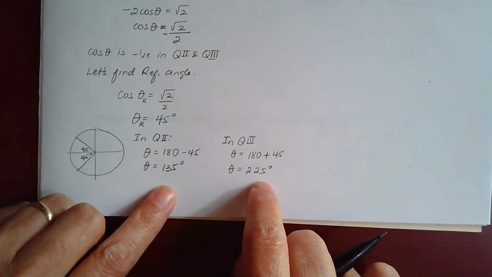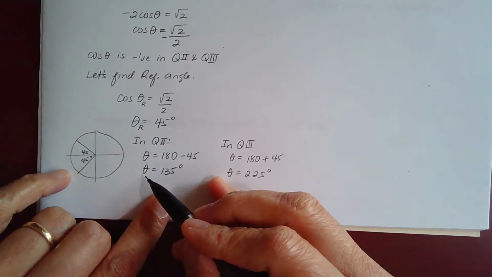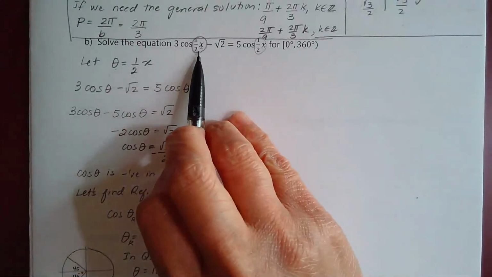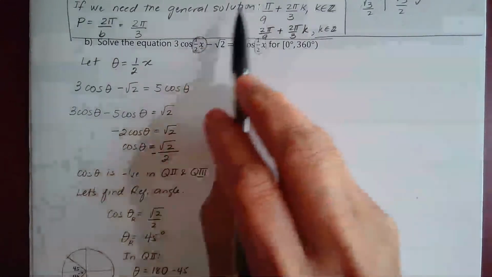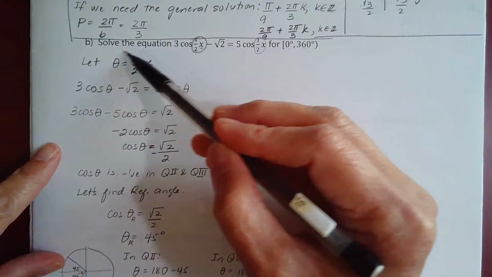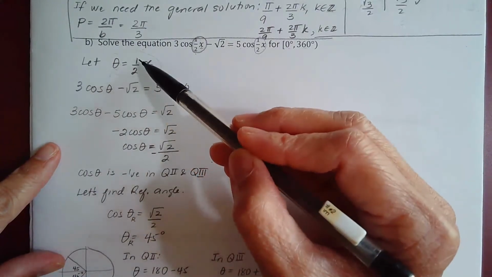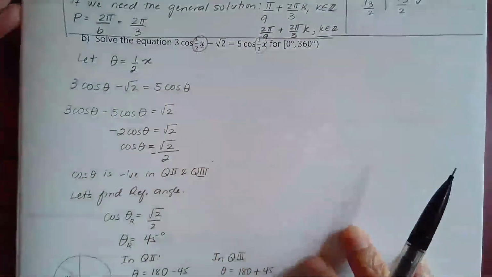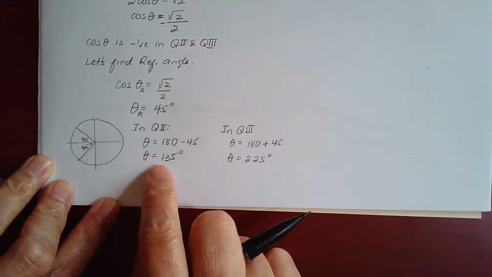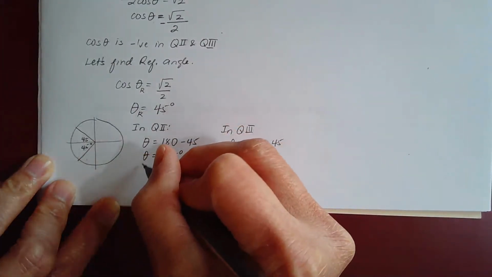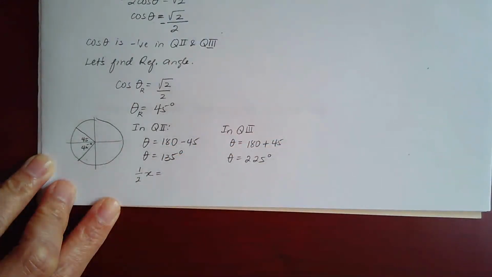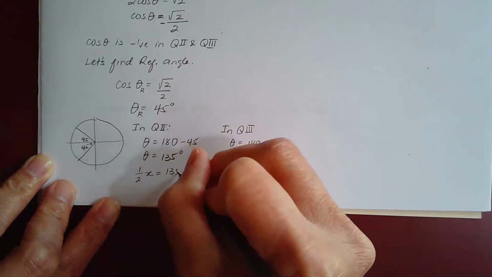In this particular case, we thought we found the answer, but not quite yet, because remember, theta is not the variable here. It's the variable x. So we're going to put back 1/2 x and replace the theta. Theta is 1/2 x equals 135 degrees.